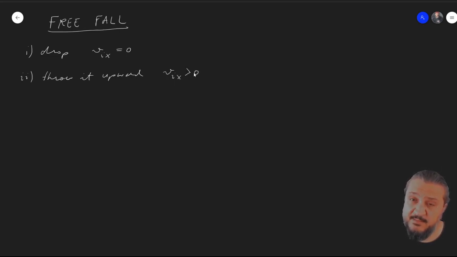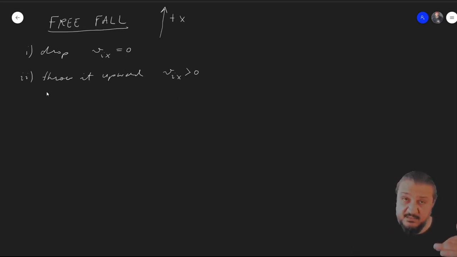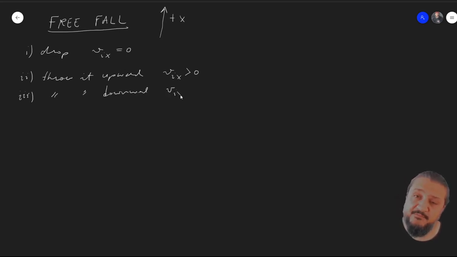And if you take up as your positive x direction, then this means Vix is also positive. Okay, you throw an object. It's going to immediately start slowing down, but Vix is positive. Or you can throw it downward. In which case, Vix will be a negative number, okay, as long as you take up as positive.